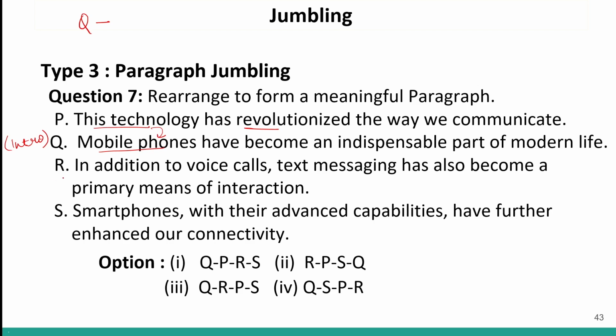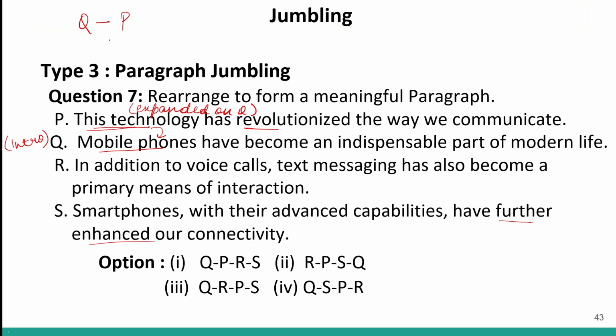Let us check. R is, in addition to voice calls, text messaging has also become a primary means of interaction. And S says smartphones with their advanced capabilities have further enhanced our connectivity. Now, over here, in Q, we introduced the idea of mobile phones being an indispensable part of modern life. In P, this technology, I expanded on Q and I said that this technology has revolutionized the way we communicate.